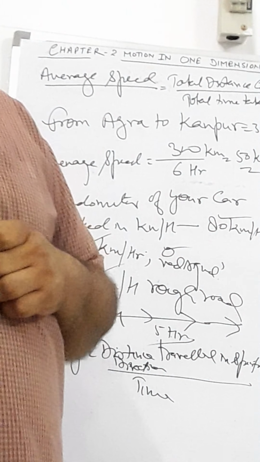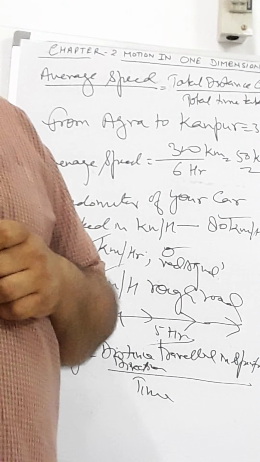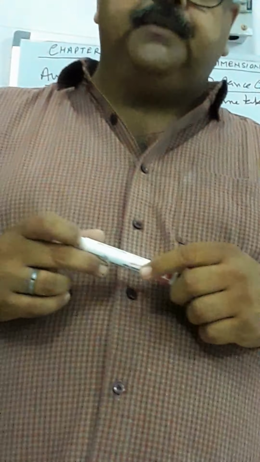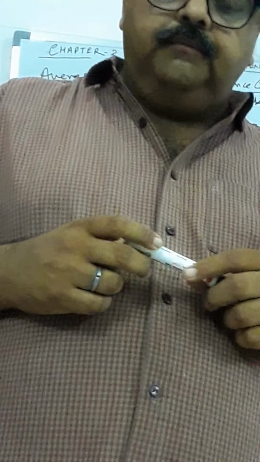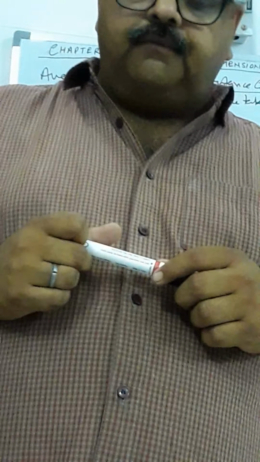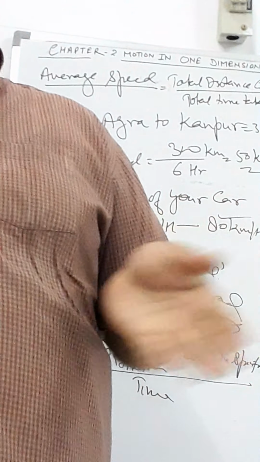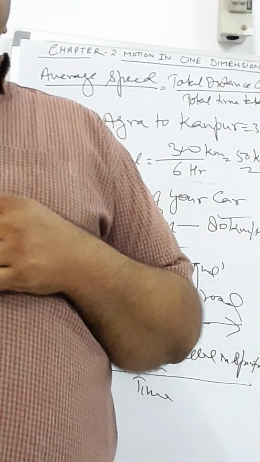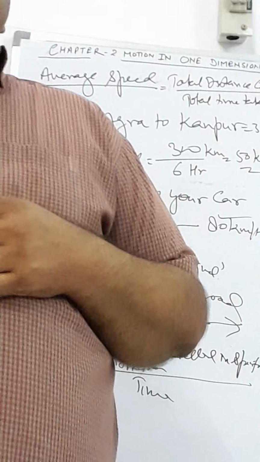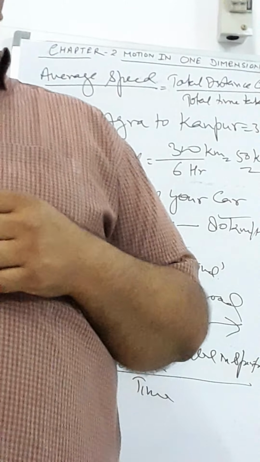Uniform velocity: a body travels equal distance in a particular direction in equal intervals of time. That is said to be uniform velocity. Non-uniform or variable velocity: in a specified direction, you are going to Delhi towards the west, and the distance is only 200 kilometers.